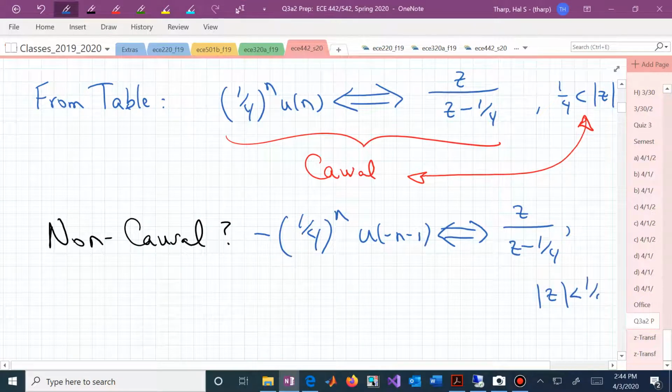The values of Z that allow this transform expression to be valid, or for our series expansion to be bounded, require that the Z values are all interior to 1/4.